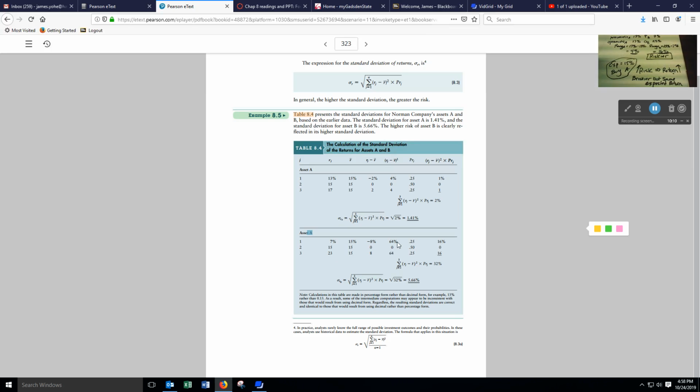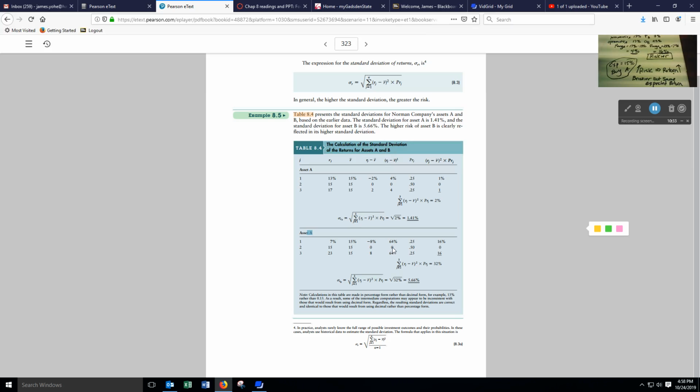Then we take each deviation about the mean squared and multiply it by its probability. The probability of a pessimistic scenario was 0.25 or 25%. 64% times 0.25 is 16%.